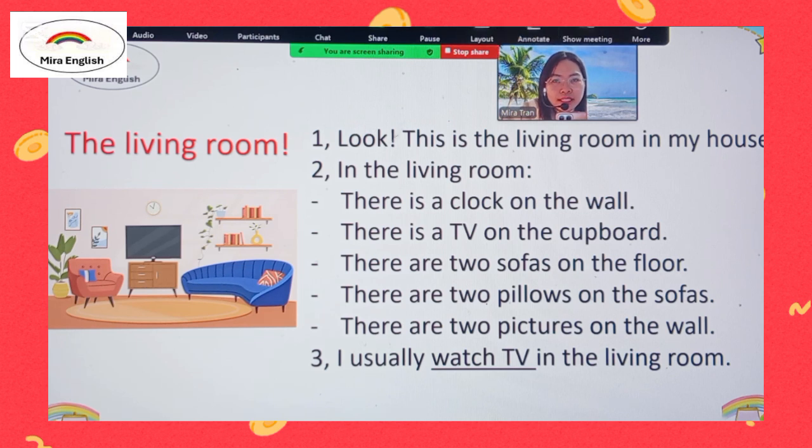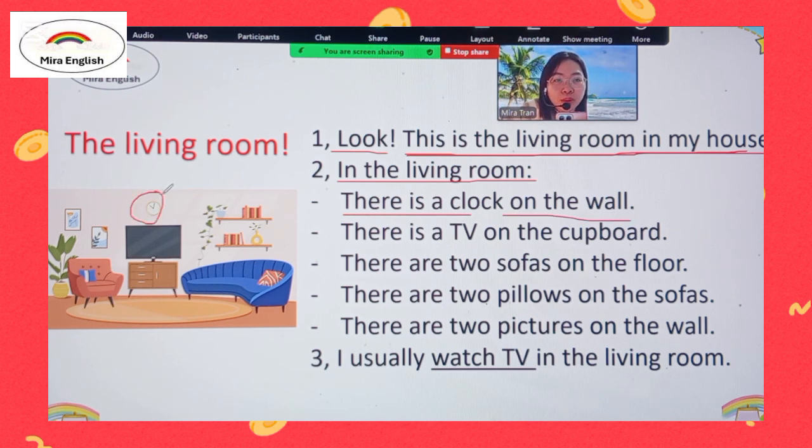Now, number 1. Look, this is the living room in my house. Nhìn này, đây là phòng khách trong nhà của tớ đấy. In the living room. Ở trong phòng khách. There is a clock on the wall.